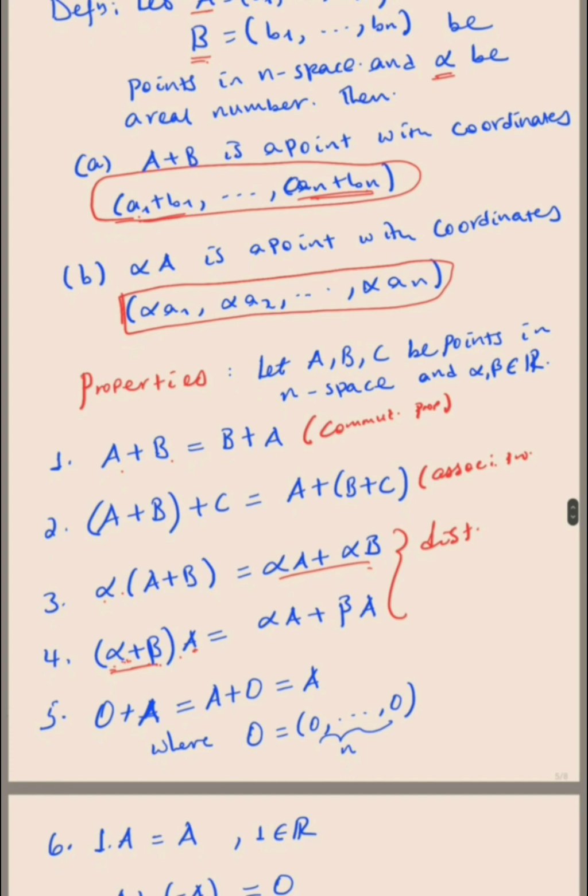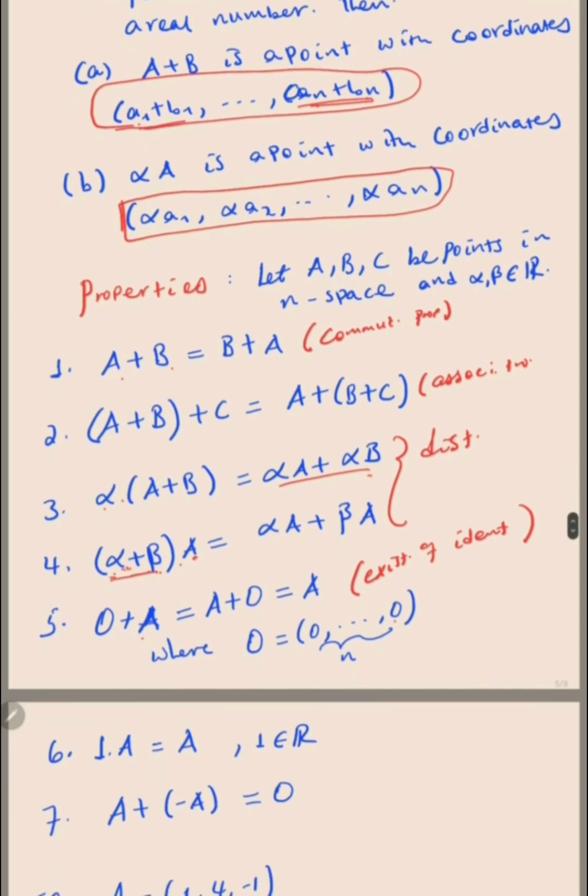And if you have a point and a 0 point, where the 0 point is an n-tuple of zeros, meaning each coordinate has the value 0, then adding 0 to any point gives you the point itself. So we can say this is the existence of an identity, and our identity in the case of addition is 0.